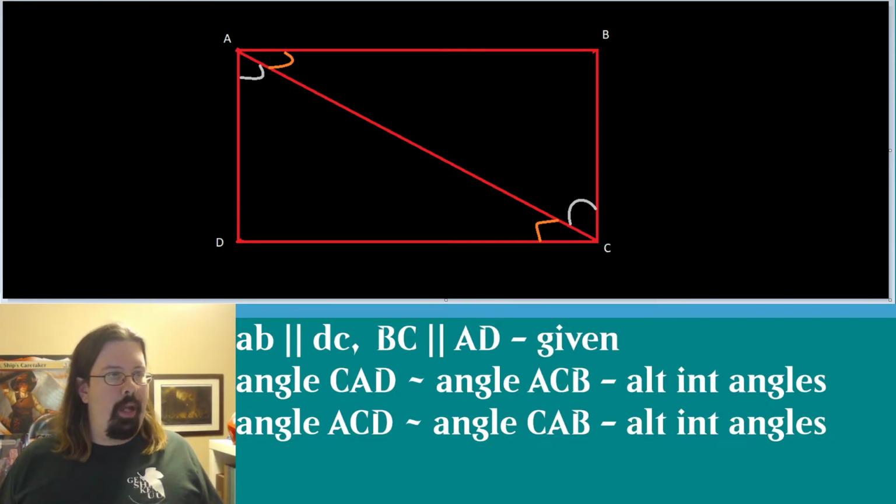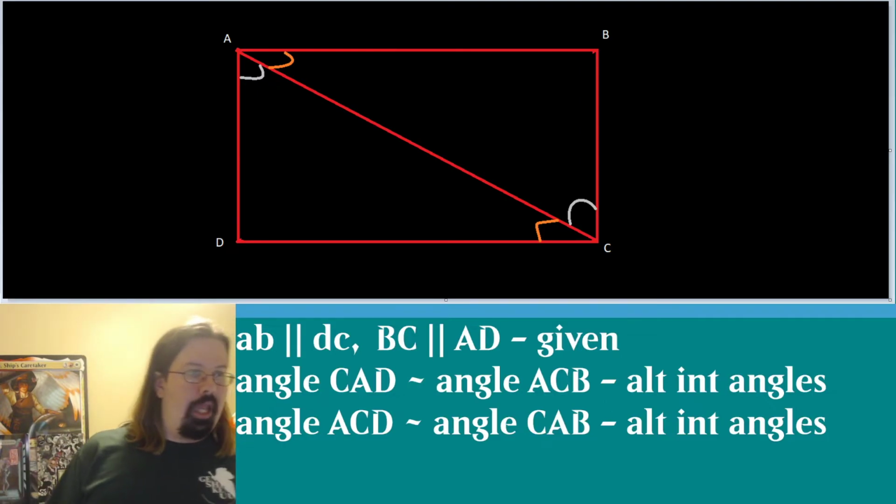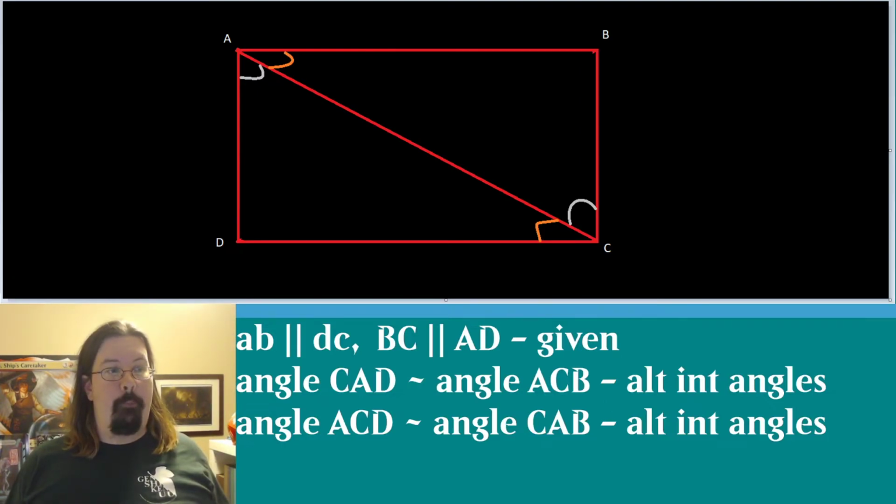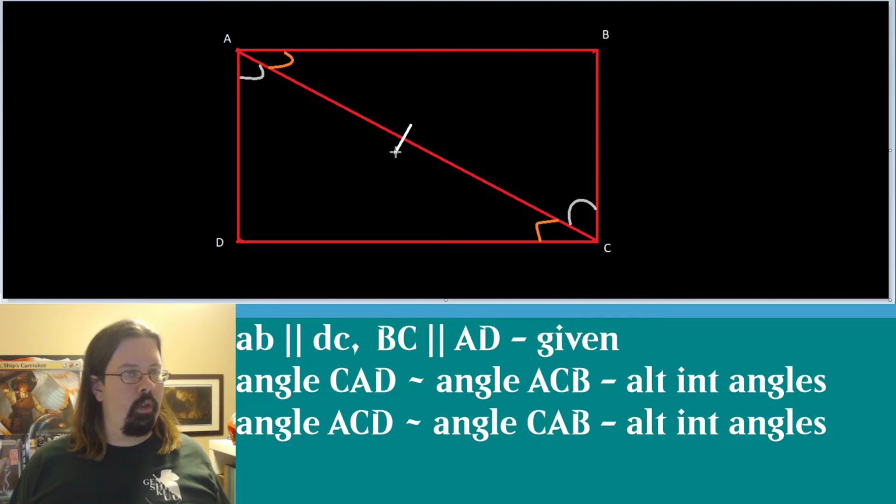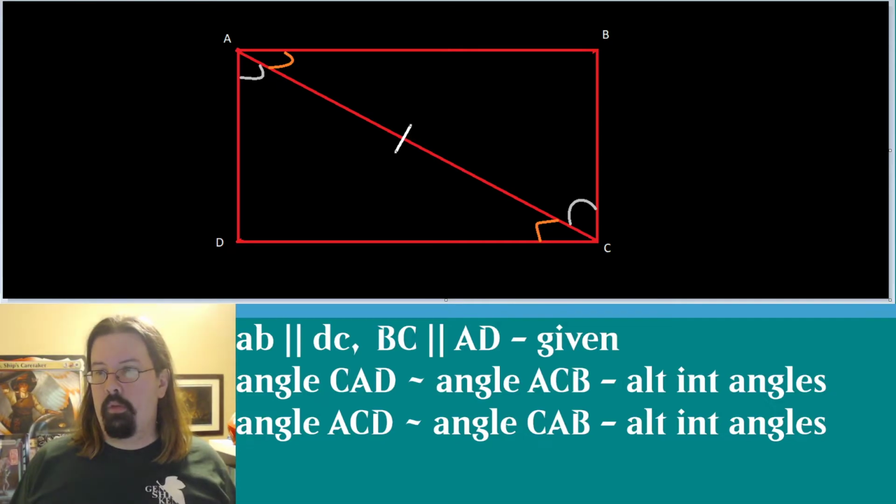But AC, if I had two triangles that I built this parallelogram out of, AC is part of both of them. It's the base of both of them. And so, AC is congruent to itself.